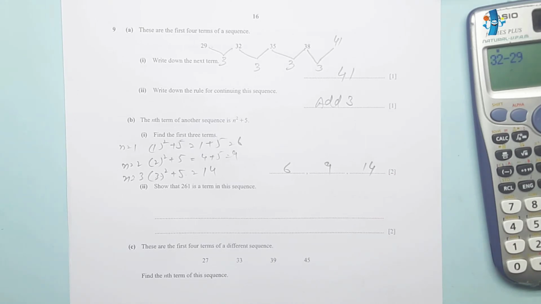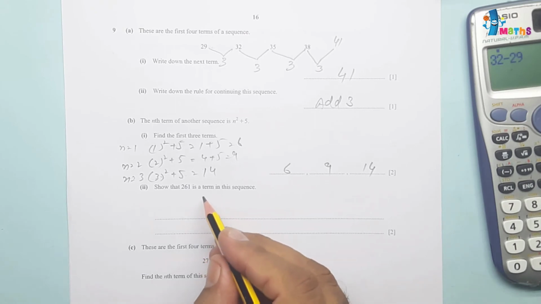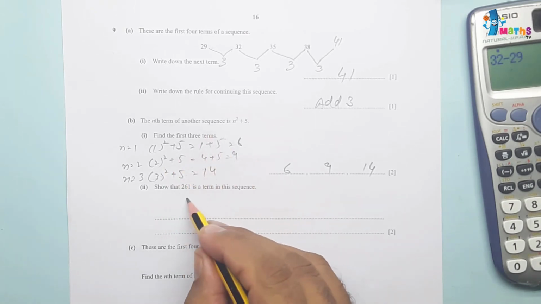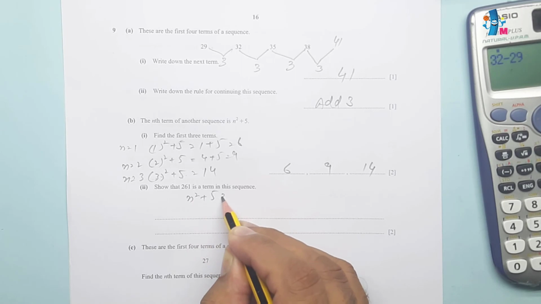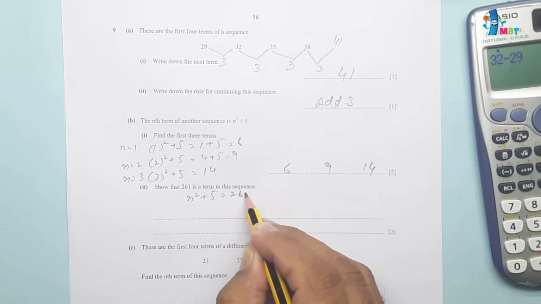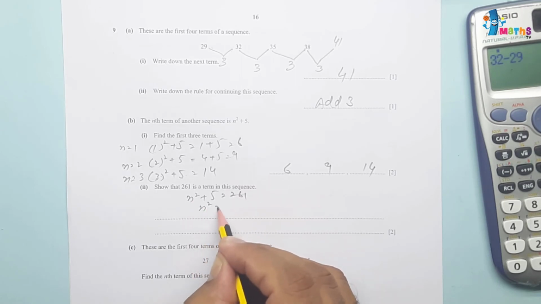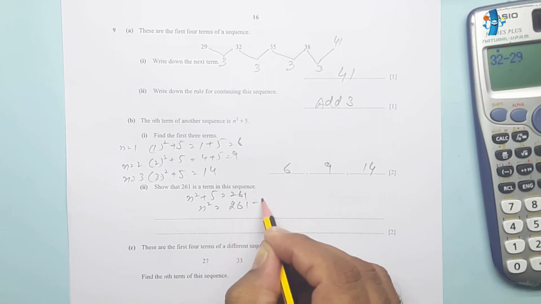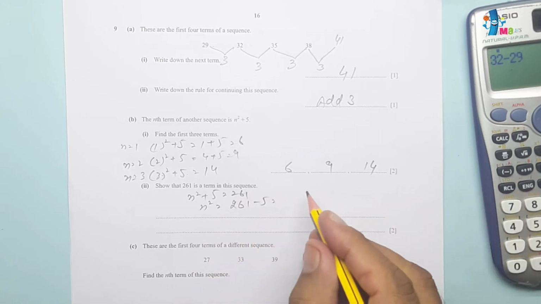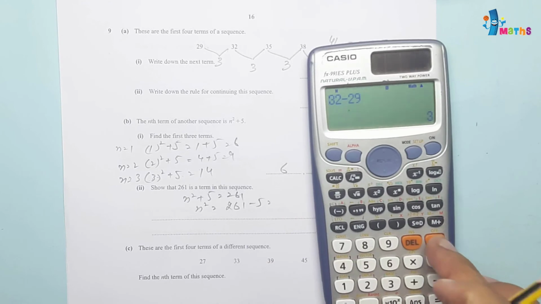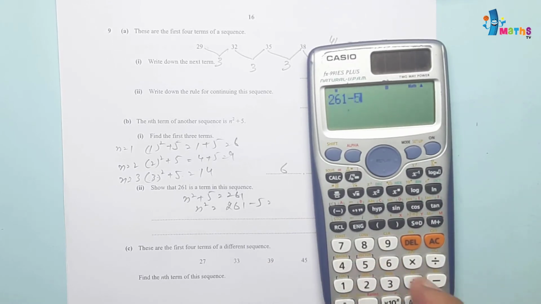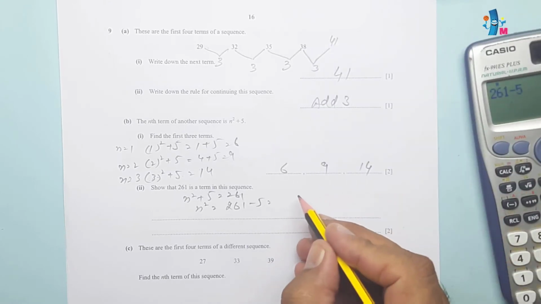Show that 261 is a term in the sequence. How will we show it? We'll take this formula, n squared plus 5, equal to 261, and n squared will be equal to 261 minus 5, which is equal to 256.